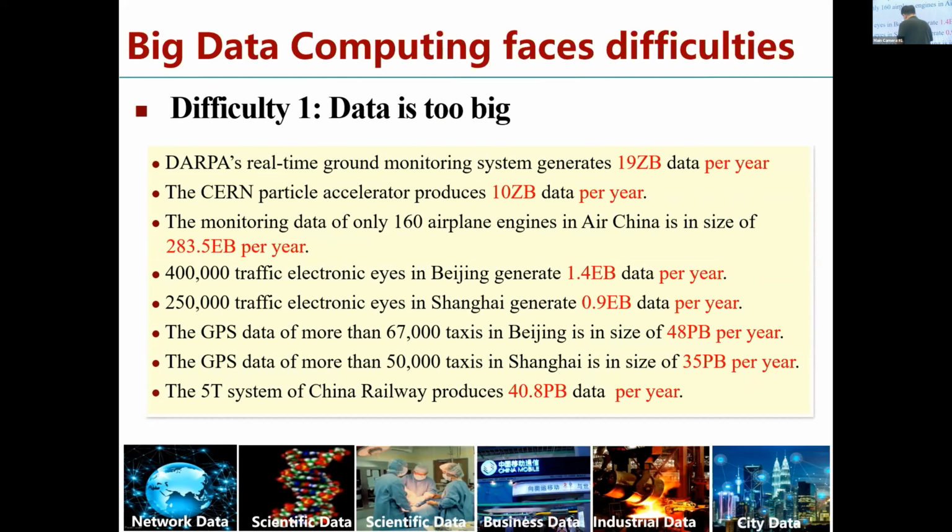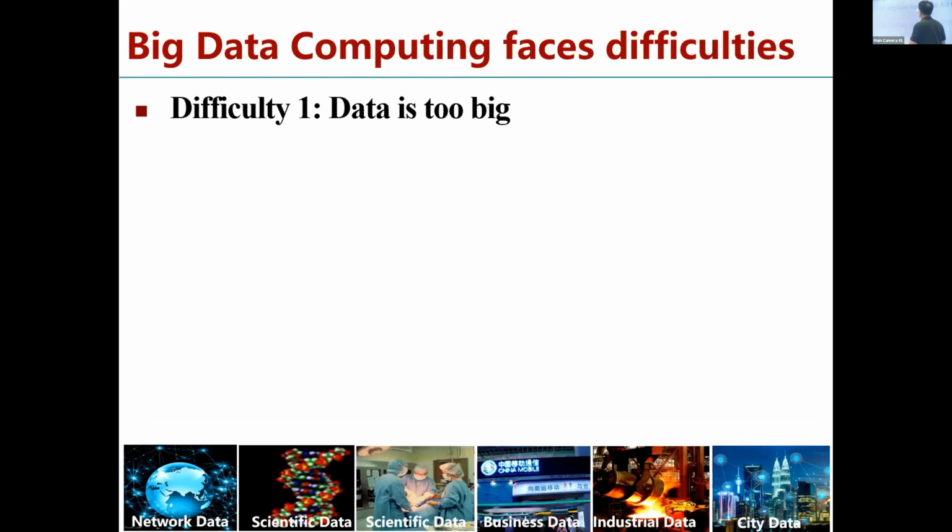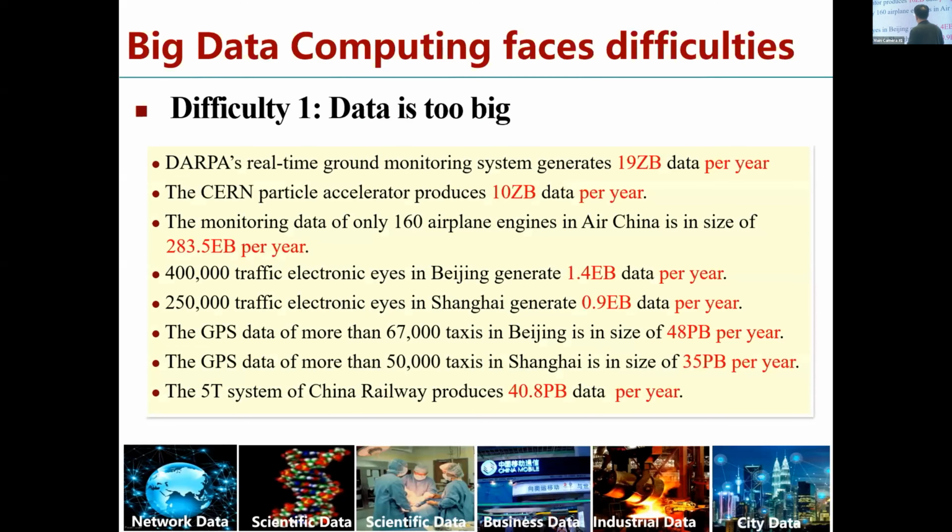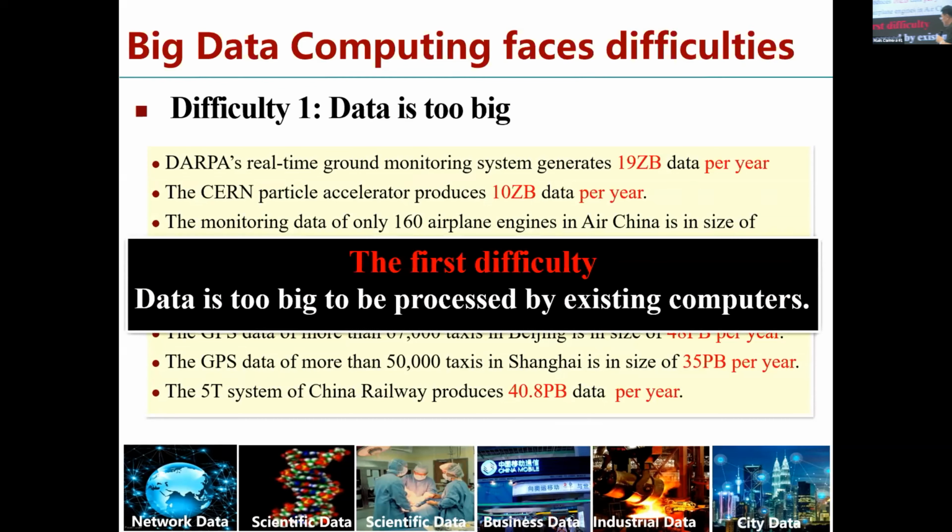These examples tell us the data is too big to be processed by existing computers.